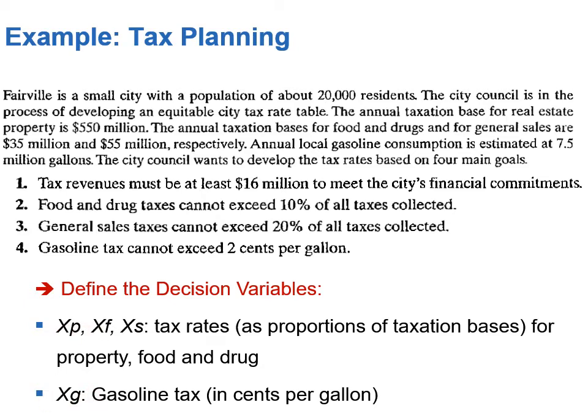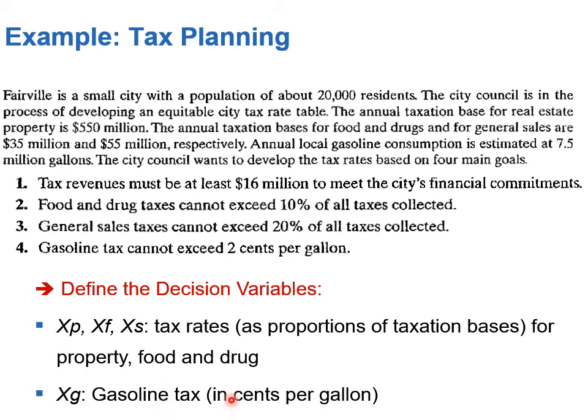Okay, but for the gasoline we need to define it a little bit differently, because we are given this 7.5 million gallons usage of gasoline. So it is not the dollar values. In this case we are not going to define our decision variable as a percentage of this value, but as the tax itself, not the rate, in terms of cents per gallon.